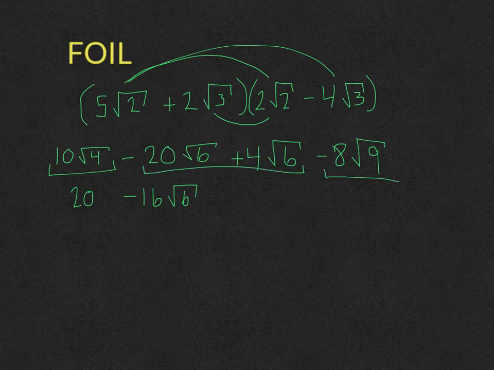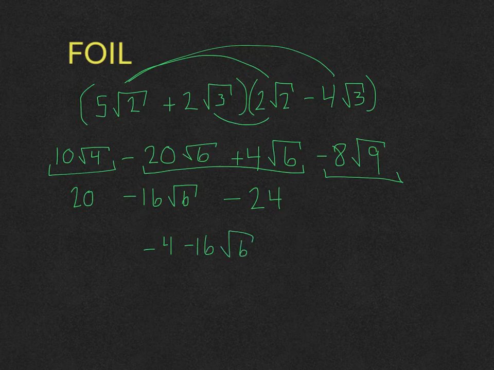And then the last part is minus 8 times the square root of 9, which is 3. 8 times 3 is 24. 20 minus 24 is negative 4. And then minus 16 square root of 6. So that would be our final answer after we combine all like terms.